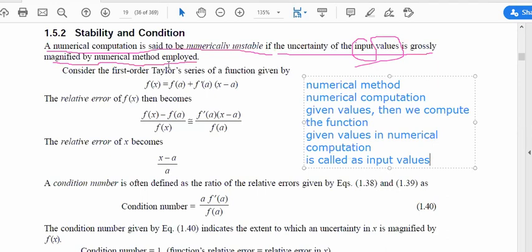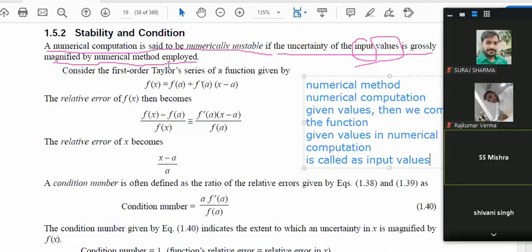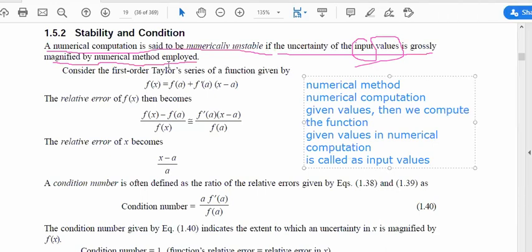Whatever numerical technique we apply, for example the Newton-Raphson method, whatever the initial value of x we make the input is automatically magnified, meaning increased. And if it increases, then whatever computations we make become unstable.